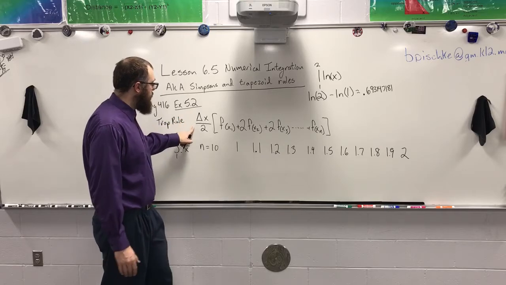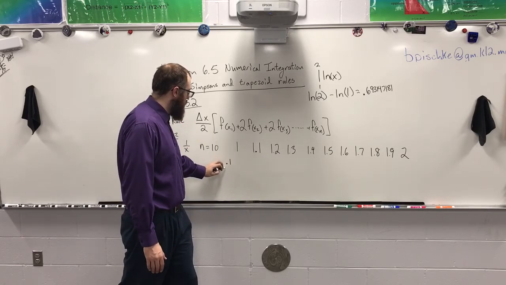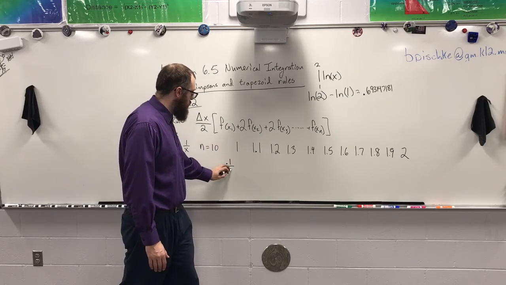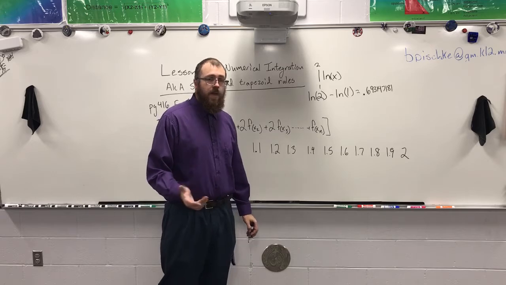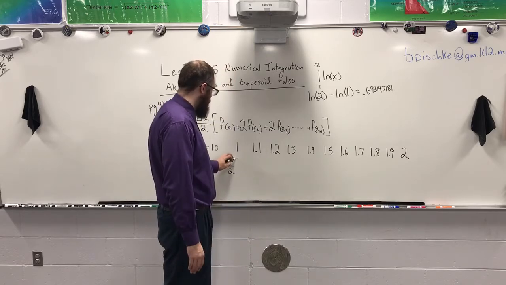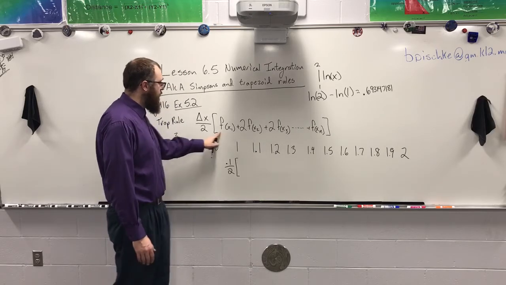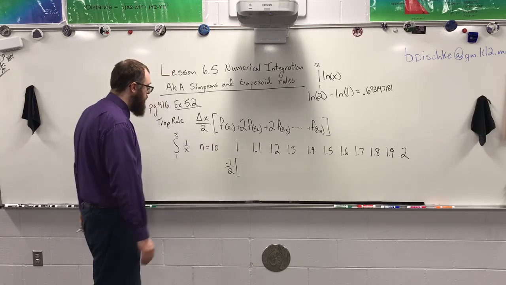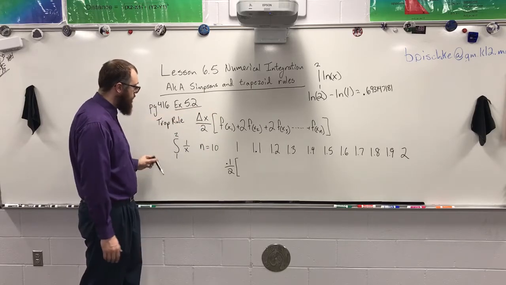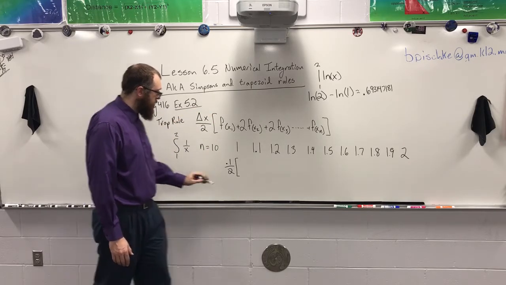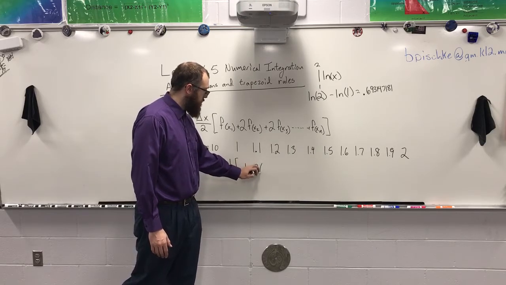So let's drop into our formula here. So delta x is 0.1 over 2. Now you can do that in a second. Half of 1/10 will be 1/5, and we'll get it here in a second, right? Now, we're going to do f of 1, because that's our first value. So we're going to put 1 in for x in the formula. 1 over 1 is 1 plus 2 times.